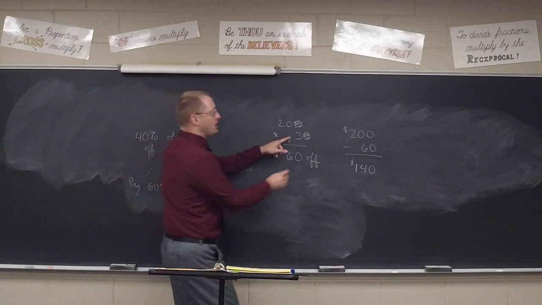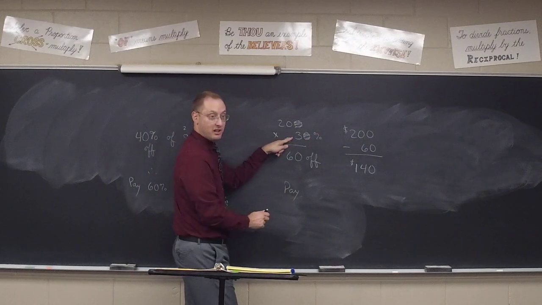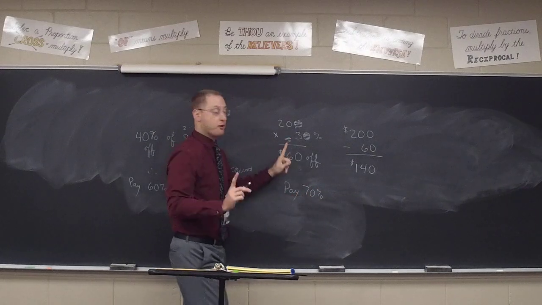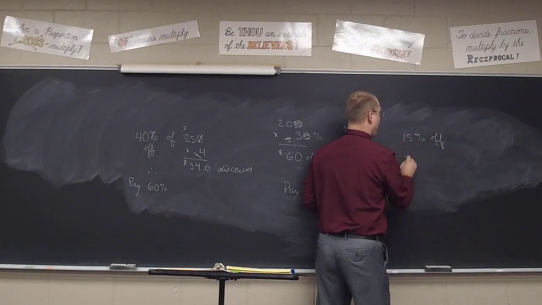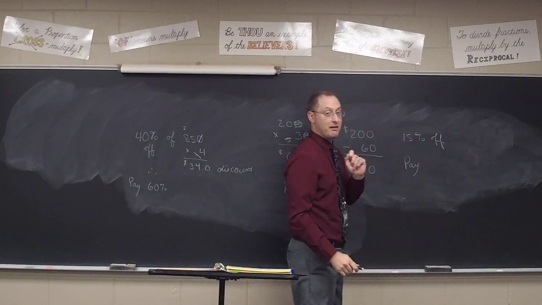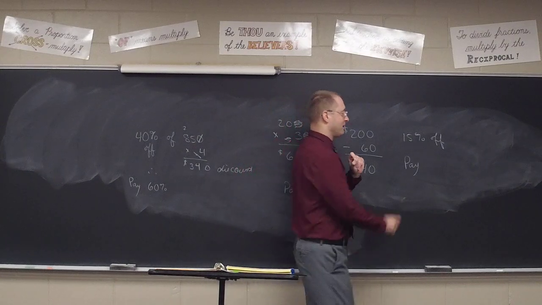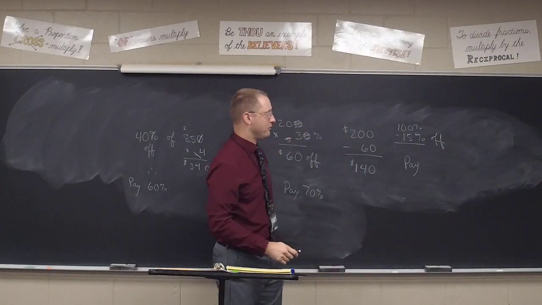If you get 30% off, that means you pay what percent, class? 70%. For the boat, if the boat is 15% off, then what percent does the person buying the boat have to pay? Careful on your subtraction. 100% minus 15%?